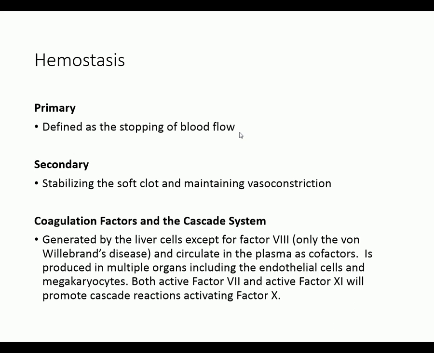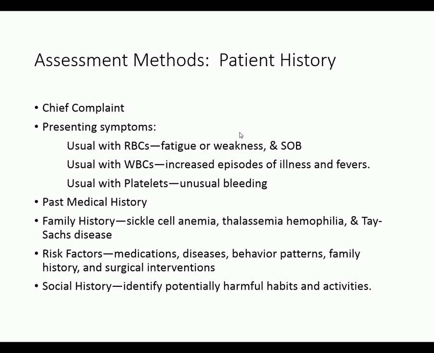Because that hematologic system impacts the whole body, the nurse needs to do an assessment on the whole patient. Okay? Now, assessment methods. Information that you're going to need to know about their age, their race, their gender, and ethnicity.